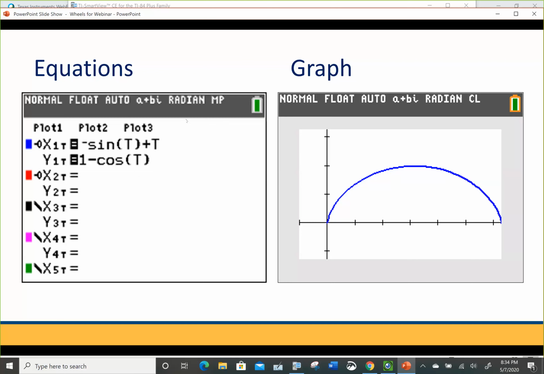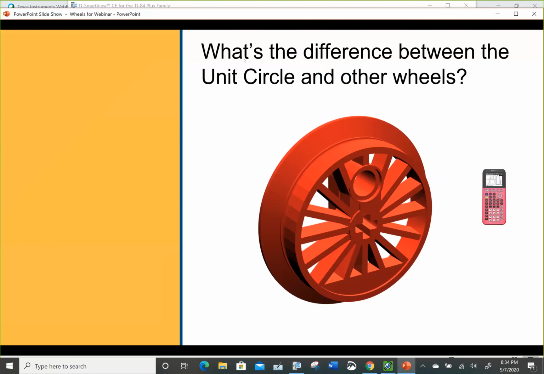Okay. Now, what's the difference between the unit circle and other types of wheels? And I say other types of wheels because you don't always want to look at the point on the tire rim, the rim of the tire. Okay, you might want to look, for example, at a point on a hubcap.